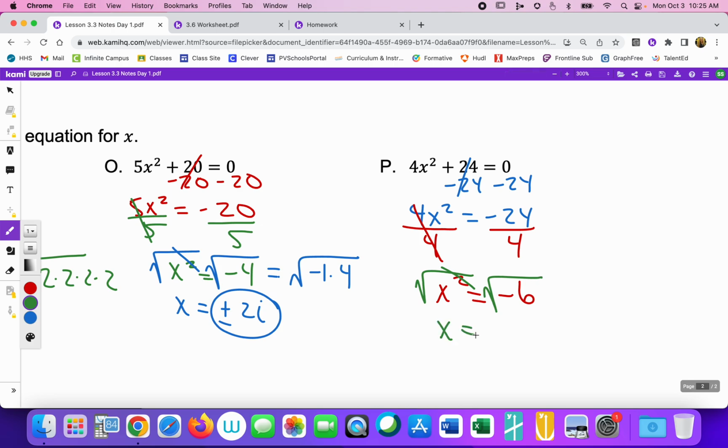Now, does 6 have any pairs in there? No, just a 2 and a 3. So rad 6 by itself is already simplified, but that negative needs to come out in the form of i. So your answer for this one, since nothing can come out besides the negative, would be plus or minus i rad 6. So simplify what you can. If you can't, then you leave it, but you should take an i out.